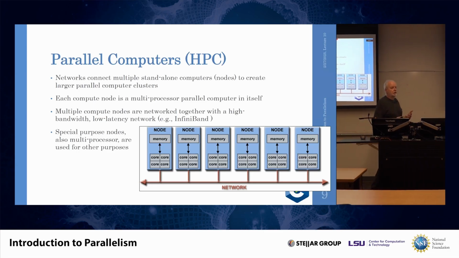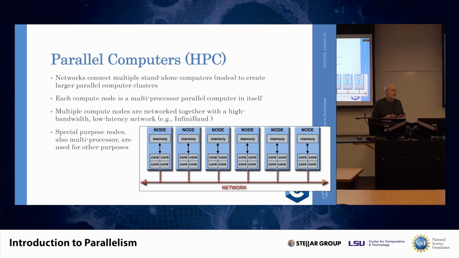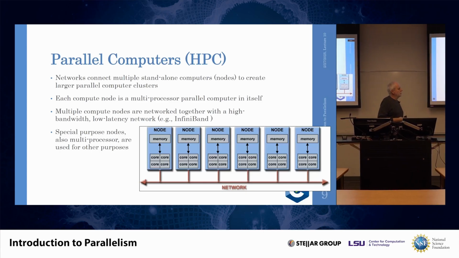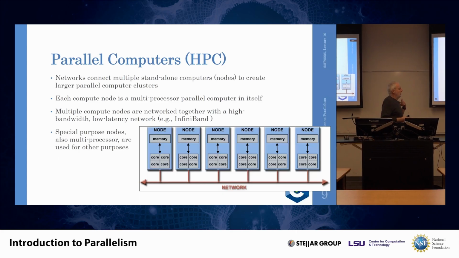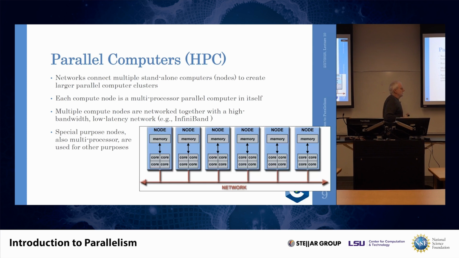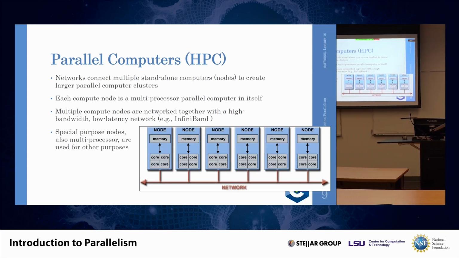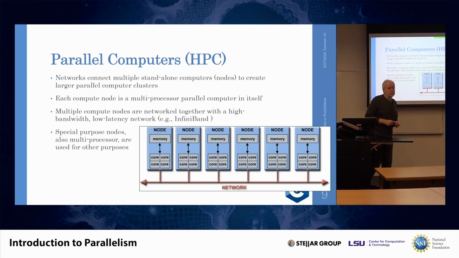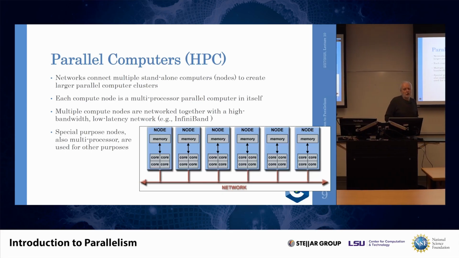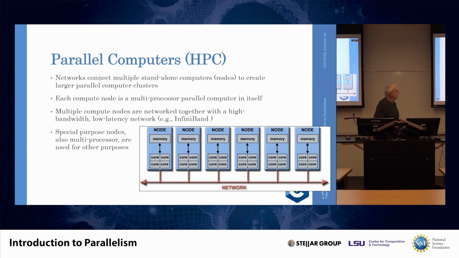So it's not Ethernet, usually TCP/IP, but special networks that have been built just for this purpose, to make data sharing between nodes as efficient as possible. One example would be InfiniBand. There are other examples of these high-speed networks that are used in the really, really big machines we have today.